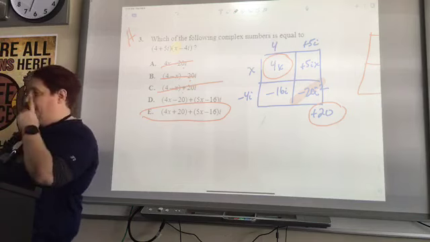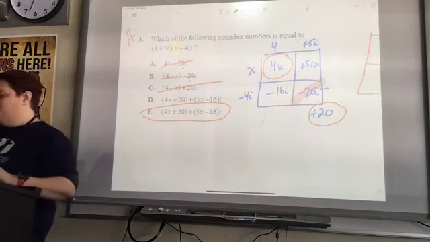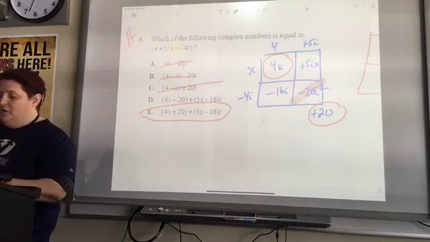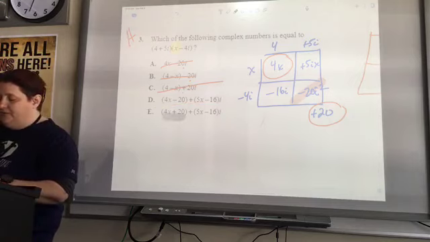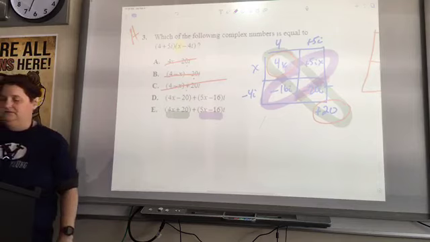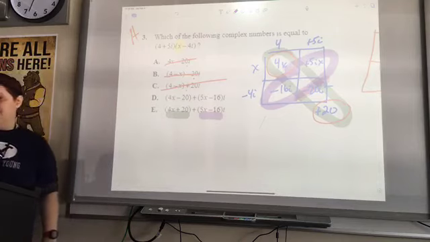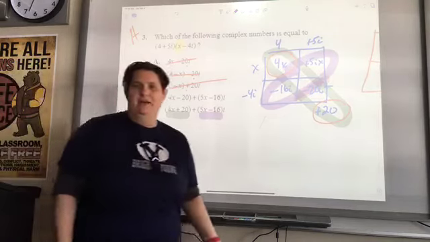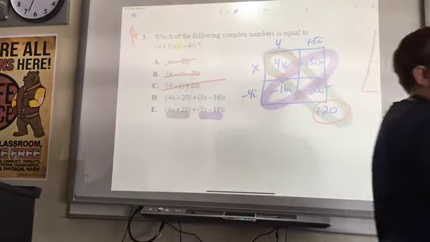Because i squared is negative 1. So i squared means it's negative 20 times negative 1. So look what it's doing, you guys. It's putting the real numbers together, and it's putting the imaginary numbers together. It's the only one with a positive 20. So if you felt good about that, you could just narrow it down.